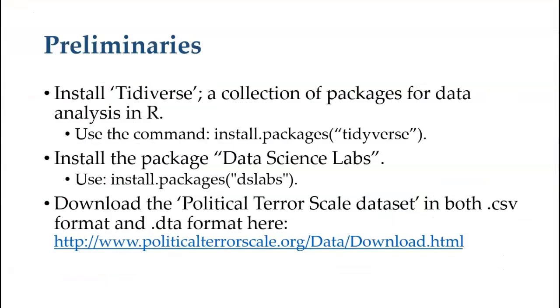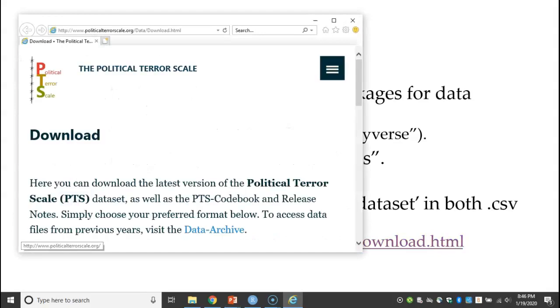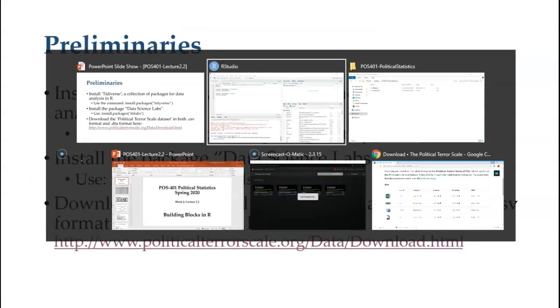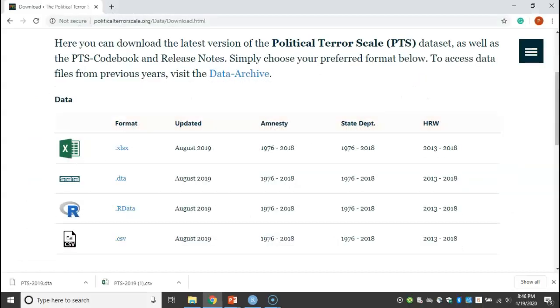these two first steps, and the final step is that you need to go to the website of the Political Terror Scale dataset. The Political Terror Scale dataset is a very useful kind of information that we have about the violation of human rights by the state. Okay, but different states.